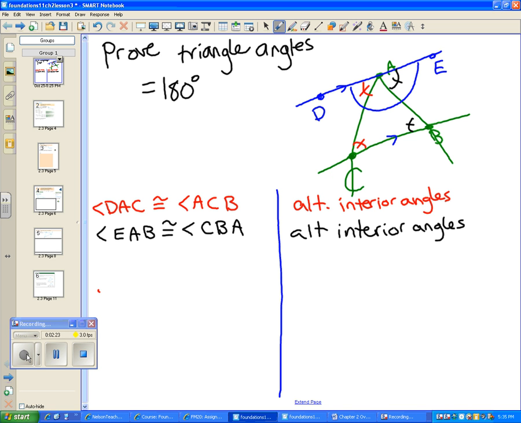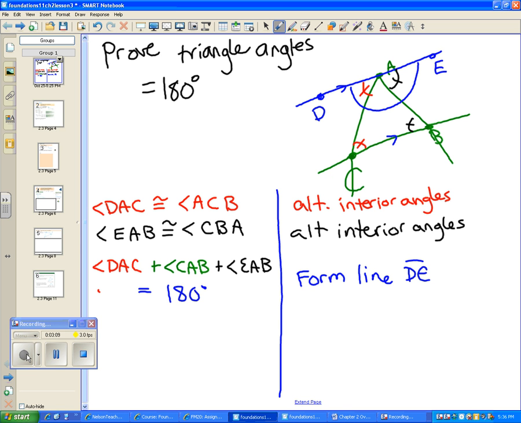We add up angle DAC, angle CAB, and finally angle EAB. When we add these all up together, because they are a straight line, we get 180 degrees. We can say this entire statement because they form a straight line, line DE.